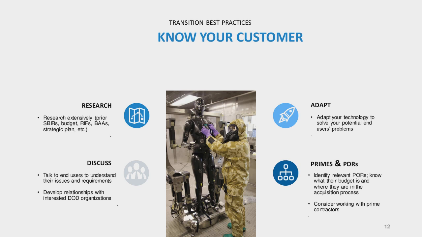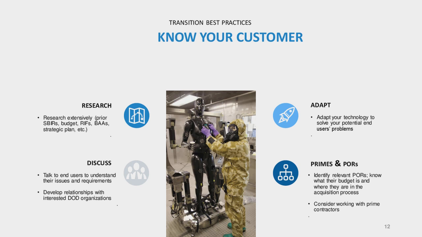Glenn mentioned that sometimes it's difficult knowing exactly what's going on in terms of a program of record, but there are hints and there are clues, and if you don't research them, you're never going to know. So that's one of the very key things that you need to do. In terms of discussion, we mentioned understanding users, issues and requirements before, and typically everybody has a problem, a need, a concern, an issue.